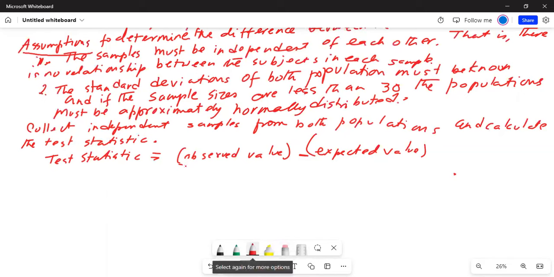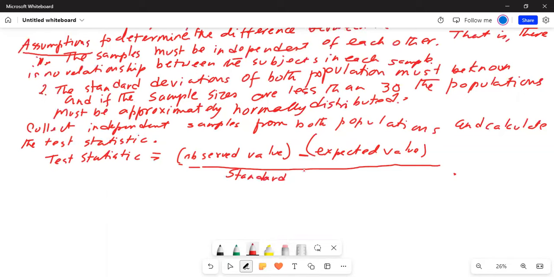Observed value minus expected value in the numerator, and that is divided by standard error. Okay. And x1 bar minus x2 bar is the observed difference in the two samples.